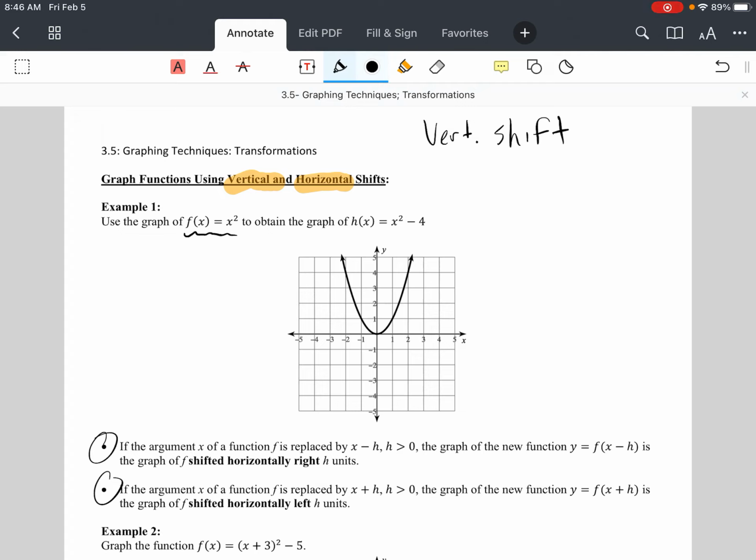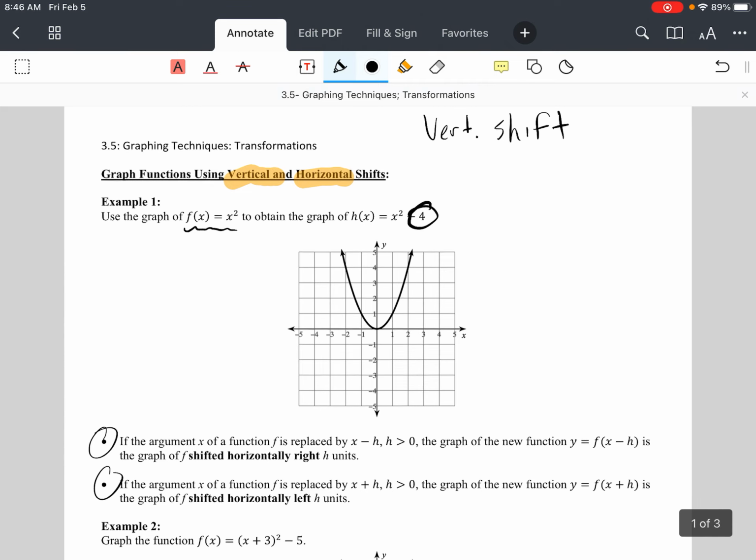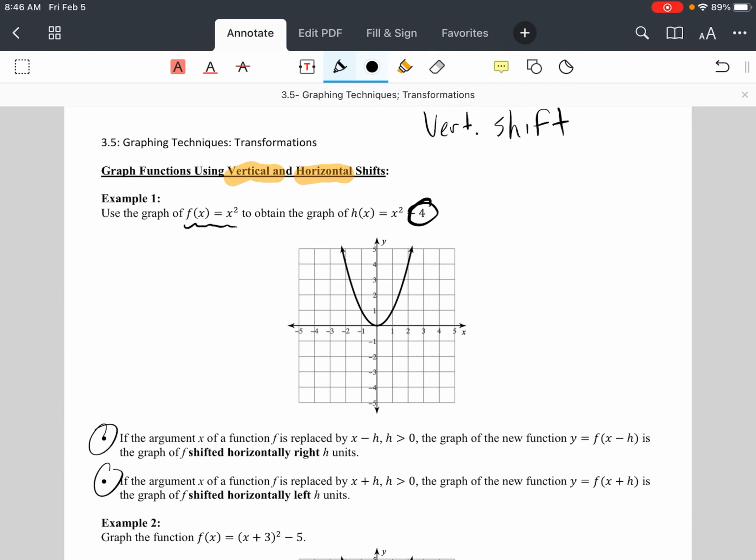If I'm looking at this example down here, f of x is equal to x squared, and I'm adding to the outside, that is what I consider adding to the outside. If it's in parentheses, it's adding to the x value. But it's a vertical shift up if you start with the function y equals f of x and have y equals f of x plus k.